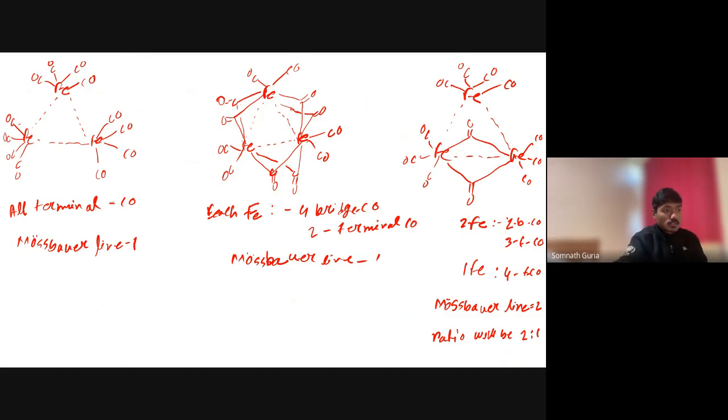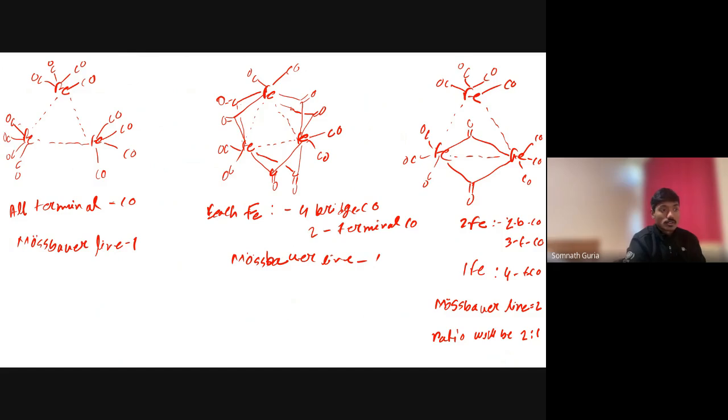See, this iron with 4 CO coordinated, let's say iron 2 is there, and the 4 CO is here. It doesn't have any lattice contribution, but this one will have lattice contribution, 3 CO on one side, and on the other side the 2 bridge CO. There will be a lattice contribution.